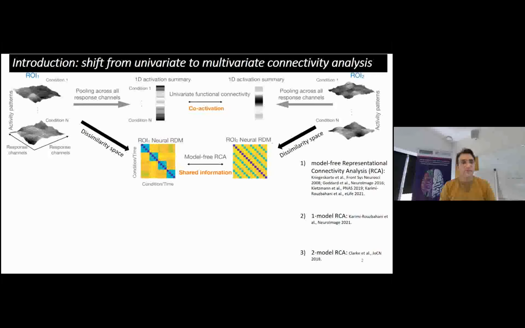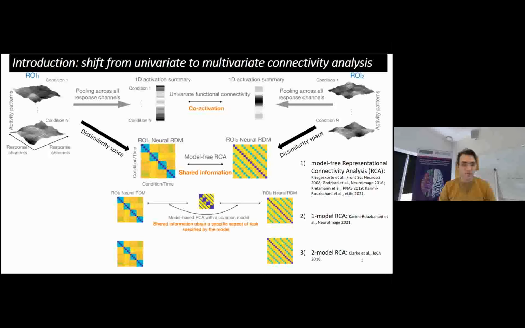We call this model-free representational connectivity analysis, or model-free RCA. But there are two other methods. One is one-model RCA, in which you try to see how information is represented within each ROI based on a hypothesized model.